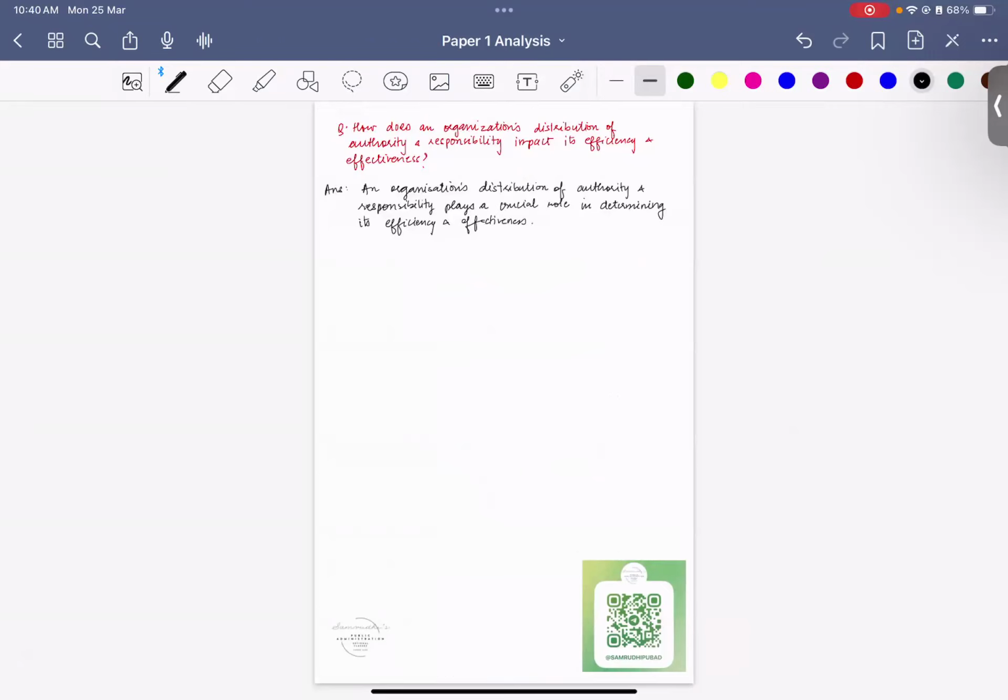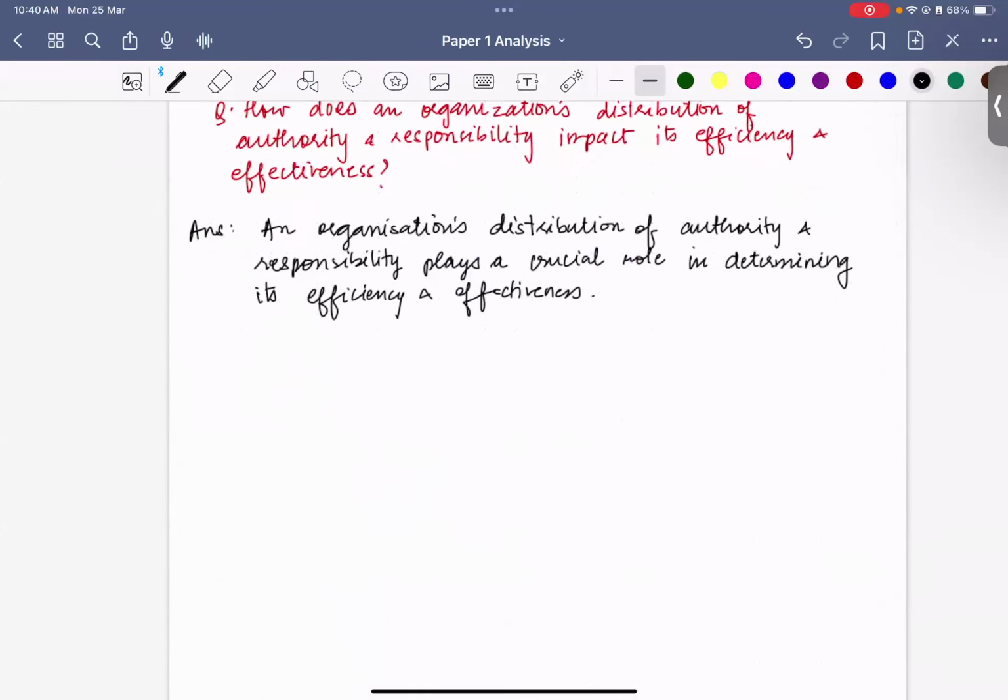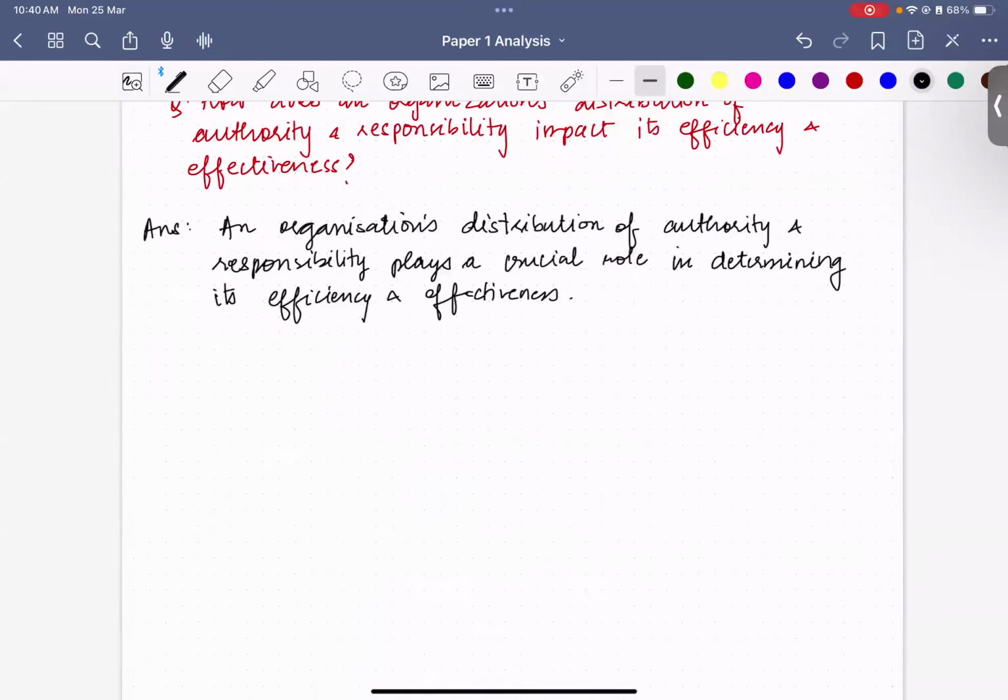Okay. The next question. How does an organization's distribution of authority and responsibility impact its efficiency and effectiveness?